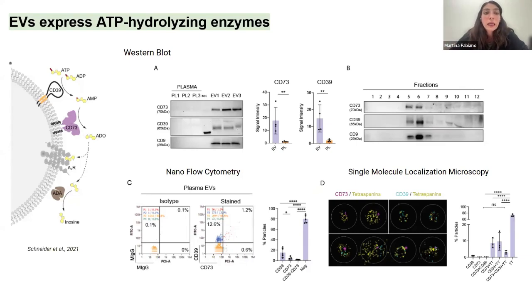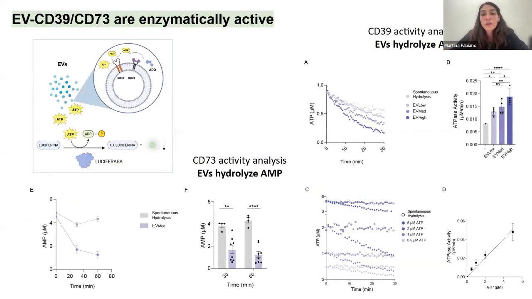After that, what we aimed to do was to corroborate, next one please, whether those enzymes carried by EVs were active. First of all, we evaluated CD39, as you can see in the right panels, by a luciferase assay, which consumes ATP and functions as a luminometric assay. We showed that our preparations were active for ATP cleavage.